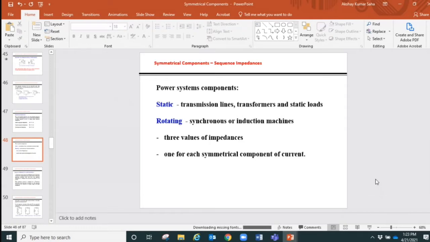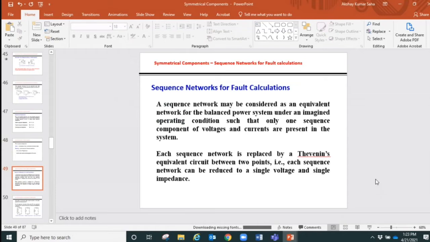For steady state analysis, like we did in our load flow studies, we want to look at it for a long duration of time. So that time duration of our study will also determine what the positive, negative, and zero sequence impedance will be. So let's go to that one and we'll see what happens.